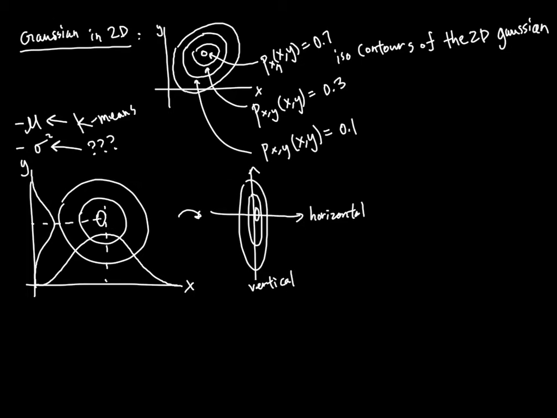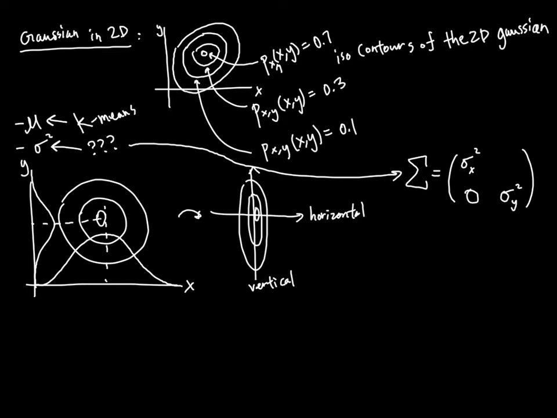So instead of saying a variance, we now need to have covariance. So our covariance is going to be denoted as a capital sigma this time. And it's going to be the variance of, say, x squared, variance of y squared, right? And if these two off-diagonal elements are 0, then it looks like this.